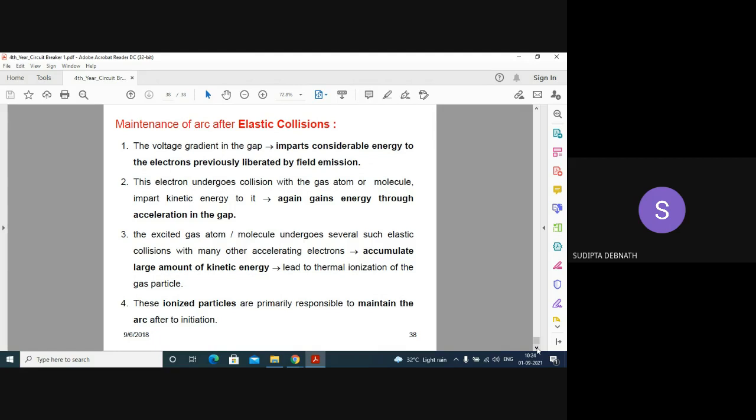So for thermal ionization, there will always be some gas present. Even a liquid will transform into gaseous form due to high temperature. Now, these ionized particles are primarily responsible to maintain the arc after initiation.